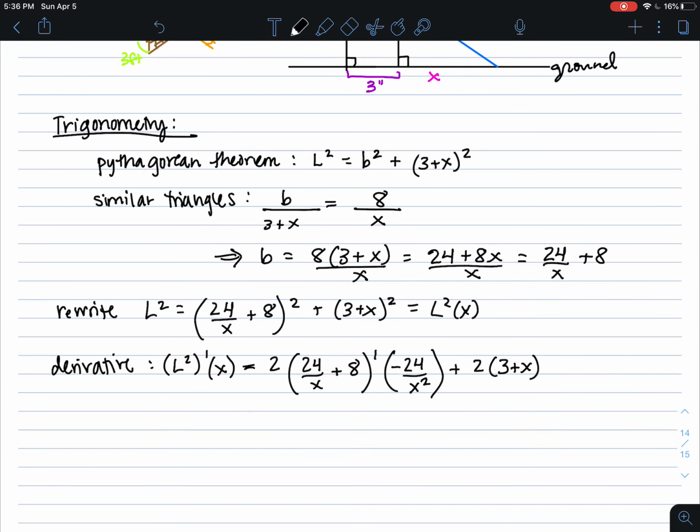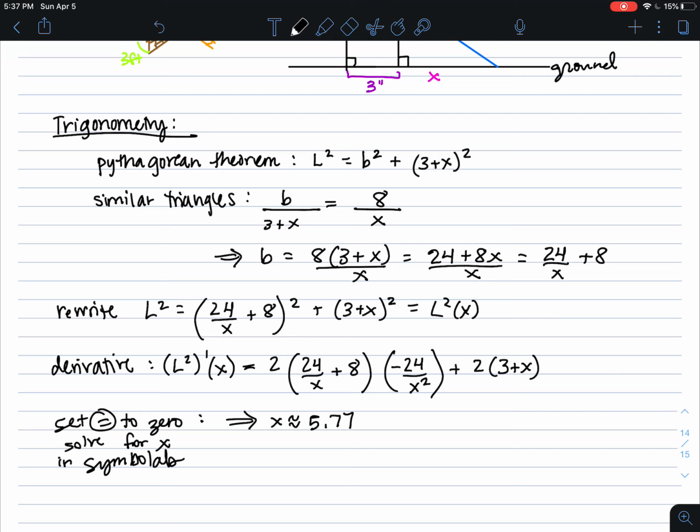Okay, so this is a really disgusting function, but at this point what I would do is just set it equal to 0 and solve for x in Symbolab. There's no point in actually solving this by hand. So if I set this equal to 0 in Symbolab, I'll get x is approximately equal to 5.77.